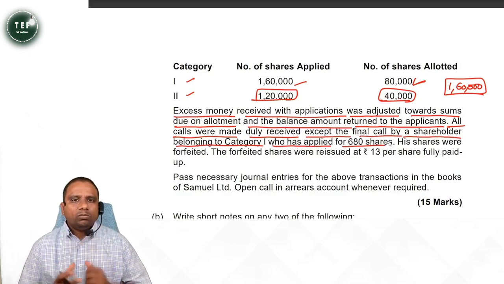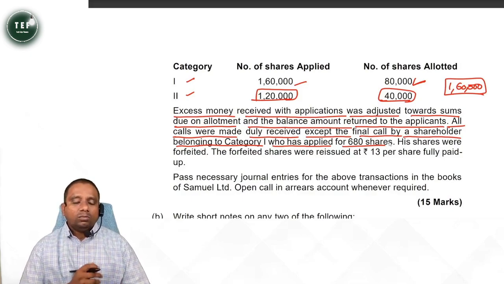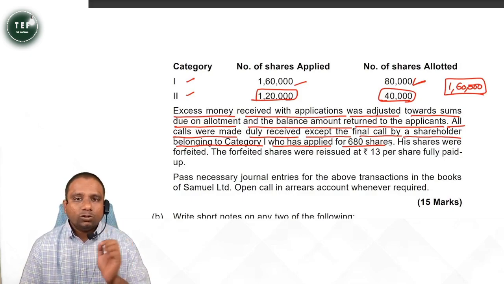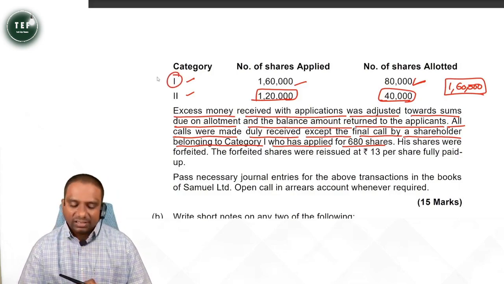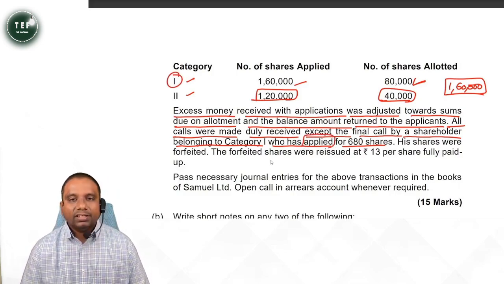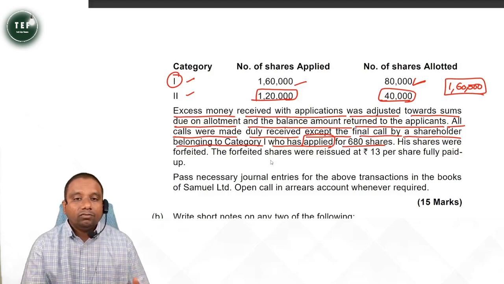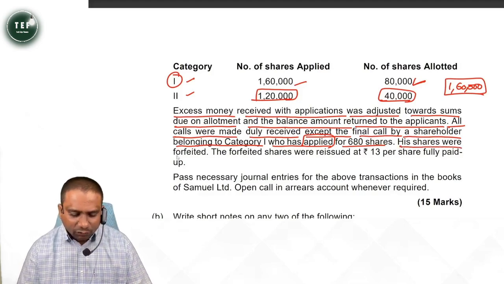He applied for 680, but how many shares did we allot? We have to calculate. His shares were forfeited.